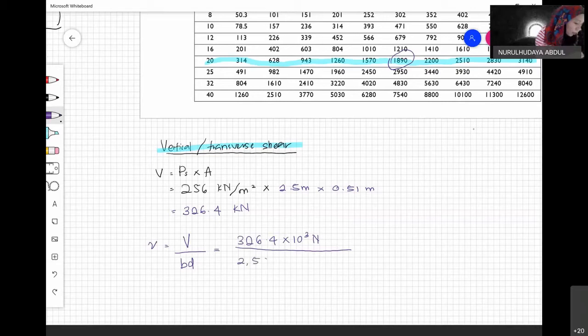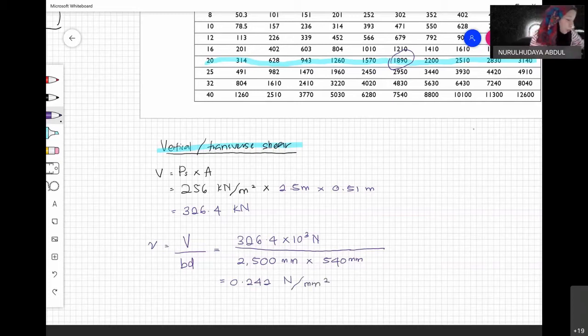We know that the B is 2500 mm and the D is 540 mm. 0.242, laju ya korang. Okay, betul. Thank you Yazid. 0.242 Newton over mm square.